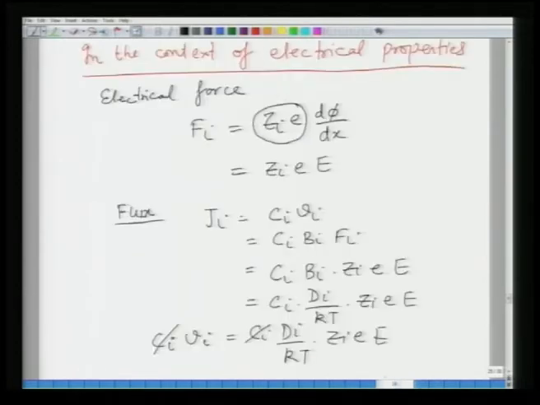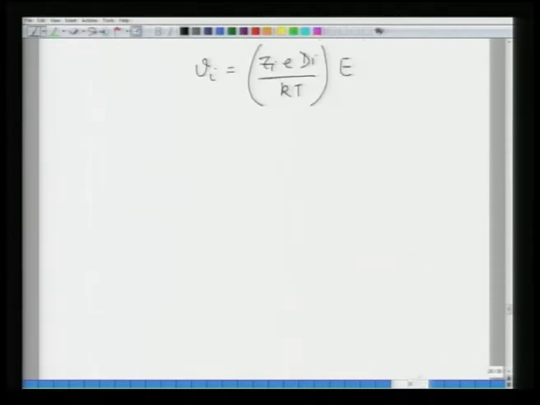So, this is basically a trick I have used to get an equation for v_i with respect to E with some proportionality constant.